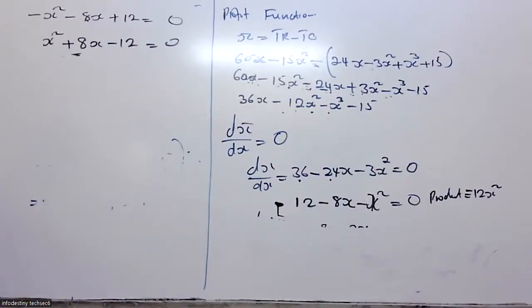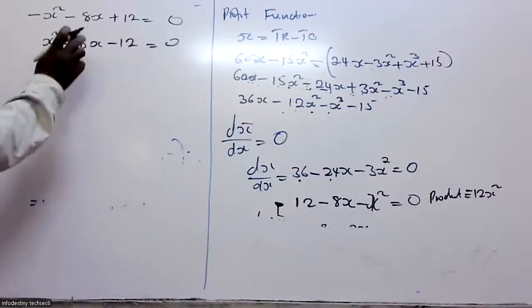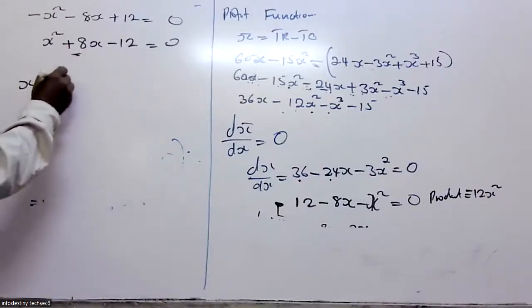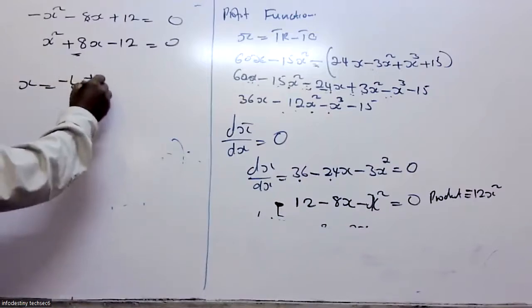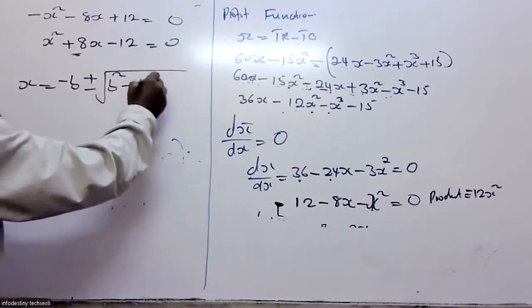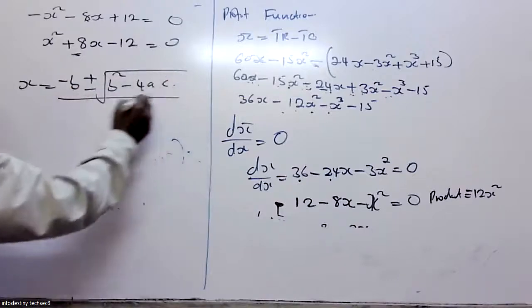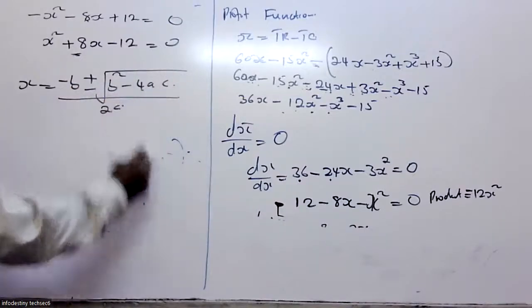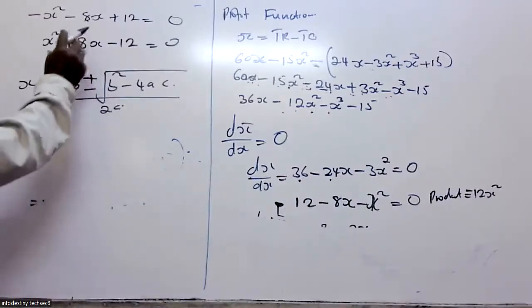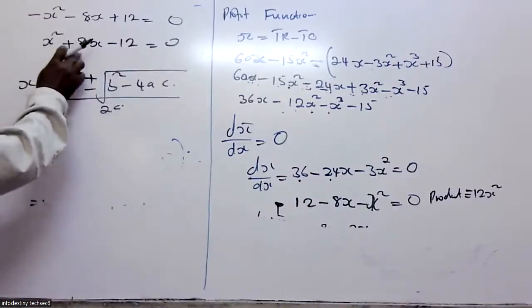So we are going to use the formula method by calculating for x. X equals minus b plus or minus the square root of b squared minus 4ac, divided by 2a. That's the formula method. So our b here is 8.